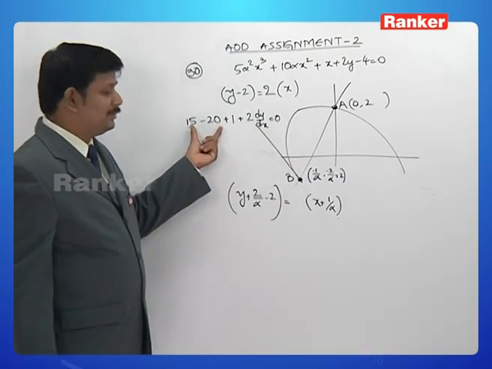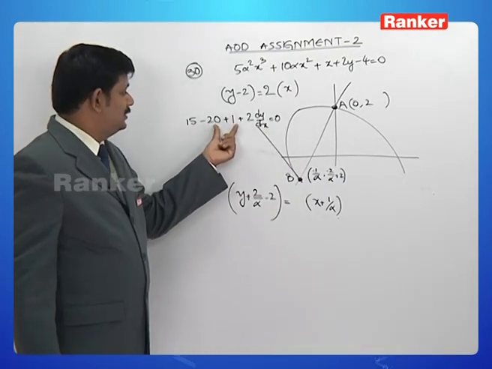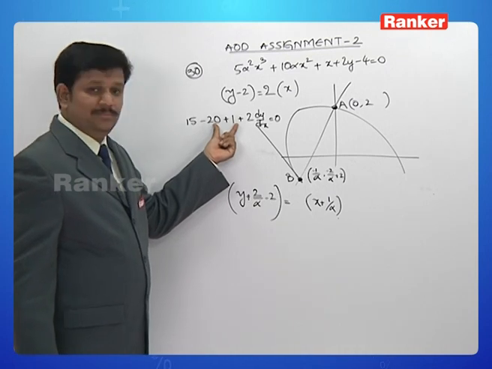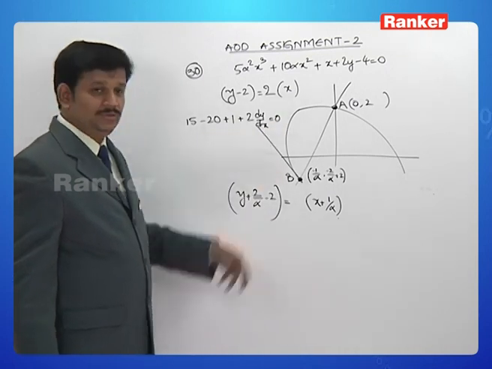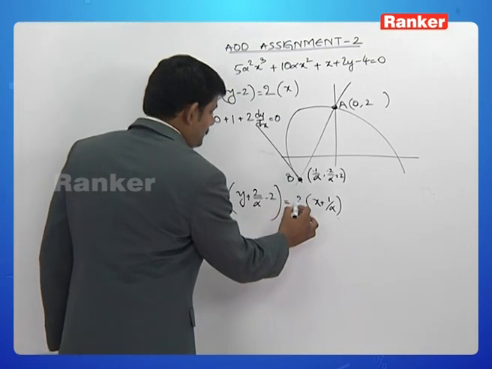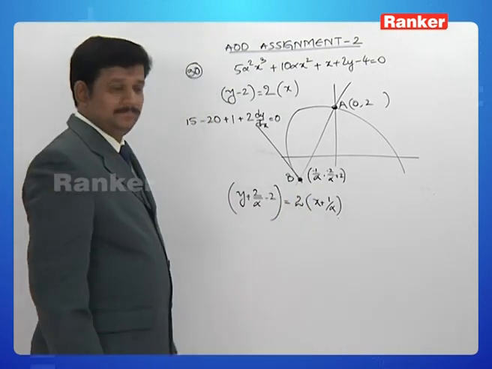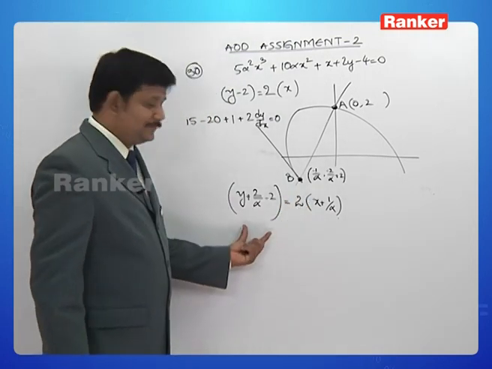Or dy by dx, from here we can see, is minus 5 plus 1 minus 4, 4, 2. dy by dx is 2.